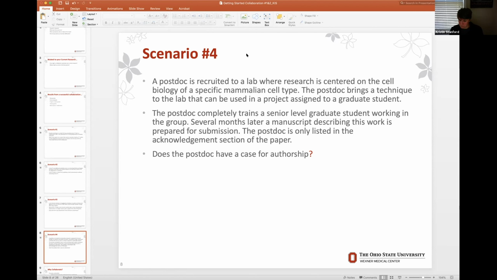And to step back one further, does the idea for the manuscript gain you authorship if you didn't contribute much intellectually beyond that? Or if you said, oh, you should do this experiment, and then I didn't actually do the experiment, you did it yourself, does that give me some intellectual input?